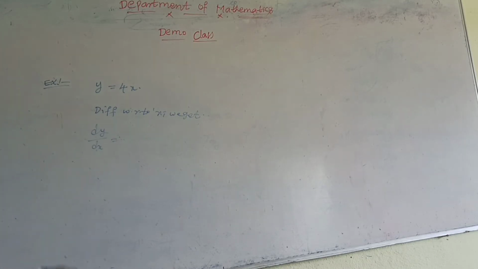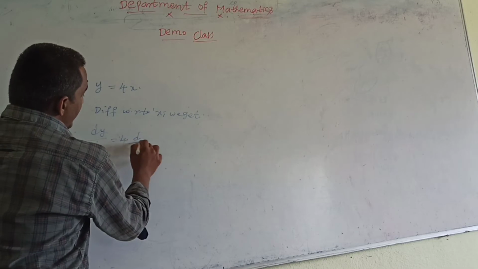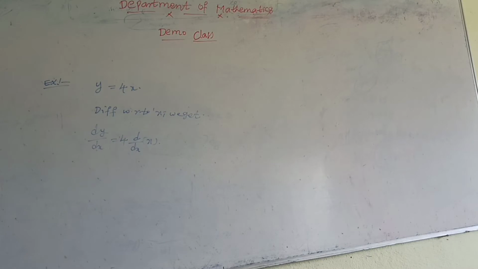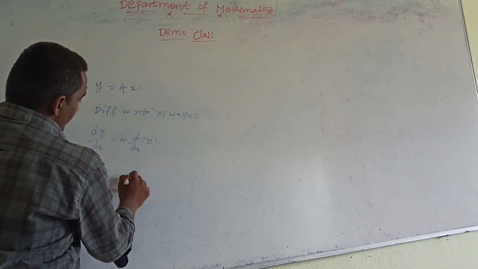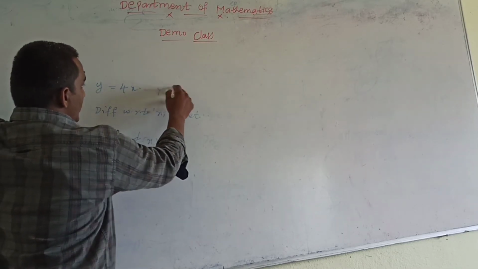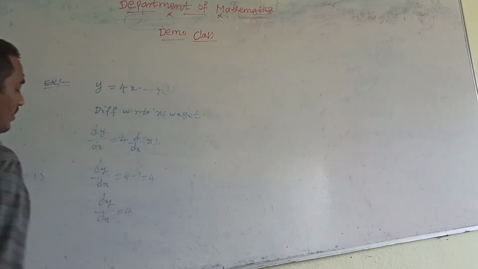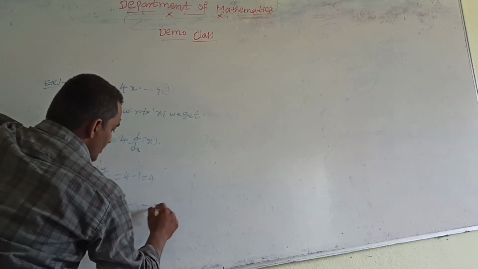When we are differentiating, we write the constant outside, so 4 I am writing outside, times d by dx of x. In differentiation formulas, we know very well d by dx of x is 1. So dy by dx is equal to 4 into 1, that is 4. So dy by dx equal to 4, that means 4 is equal to dy by dx. This is equation number 2.